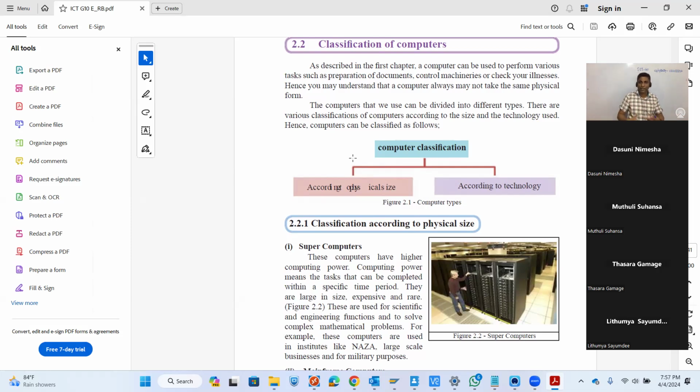When you analyze something like that, you need to perform that activity within a very short period of time, because the chemistry will change, and then your conclusions will be wrong. You need to do it as fast as possible. For that we need very high computing power, processing power.